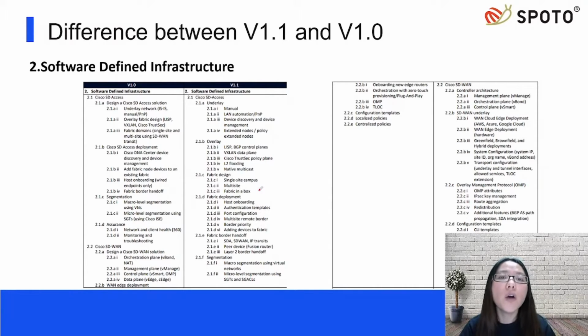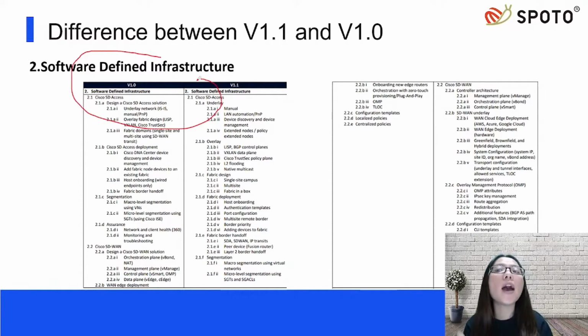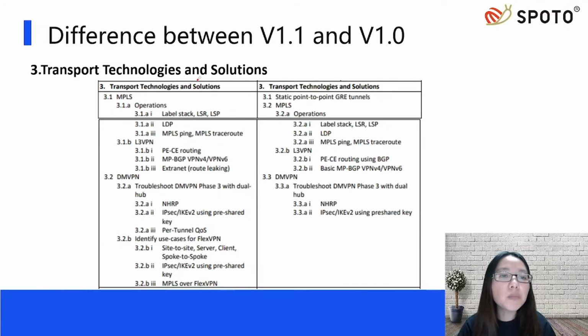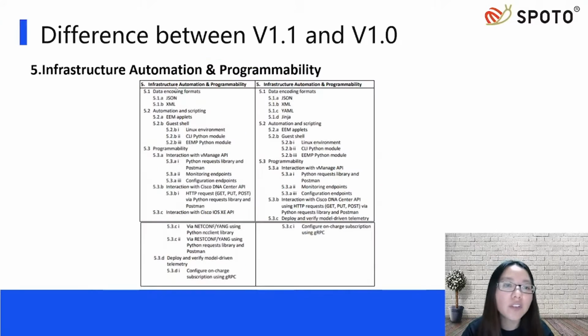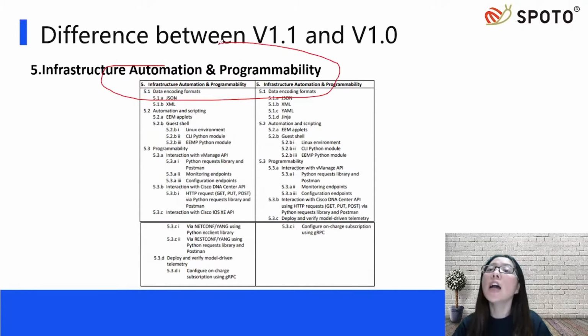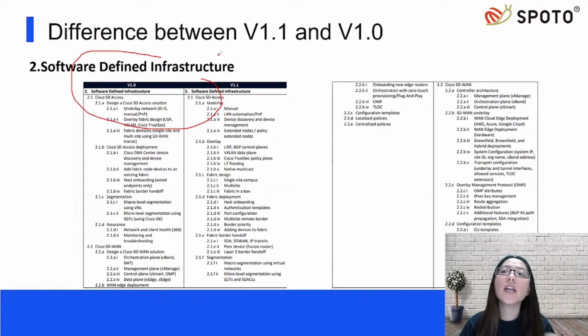First of all, we can see that the changes mainly lie in SDN. You can see it's about SDN transport technology and solution, and infrastructure automation and programmability. Cisco officially stated that SDN will be adjusted across the whole sector.